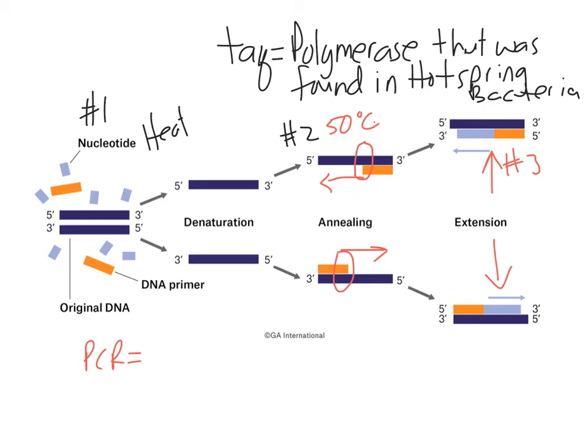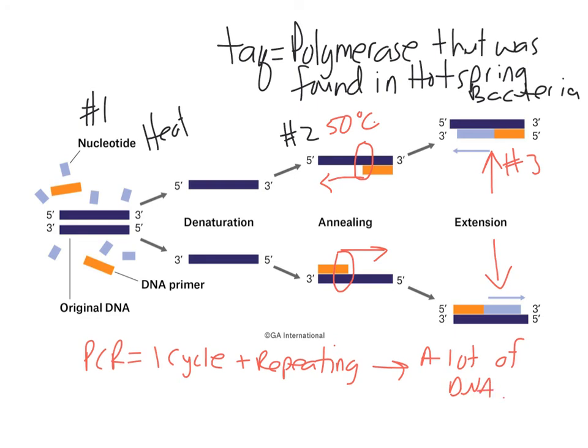It does it over and over. It does these cycles. So this might be one whole cycle. And then it does it again, and it just keeps repeating. And if you just keep repeating that over and over, eventually you're going to get a lot of DNA. So like I said, it's like a little DNA copy machine that does it over and over.